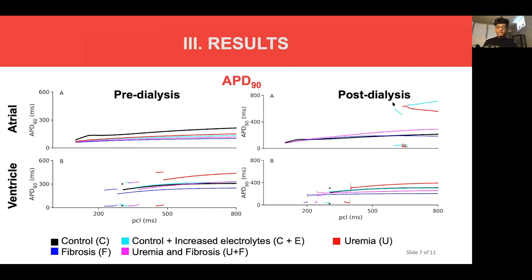After dialysis, we see that the altered electrolyte levels, which is in the cyan color, as well as the uremic case, which is in the red color, seem to have an onset of alternans at near physiological heart rates. After dialysis in the ventricle, we see that the disease cases have overall shorter APDs compared to before dialysis, but dialysis has also suppressed the alternans.